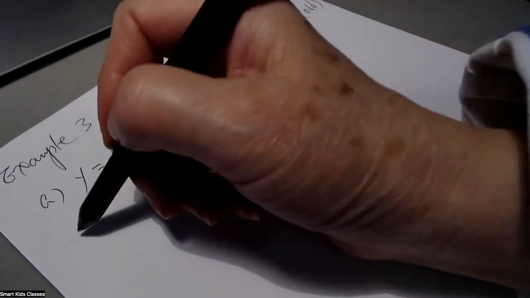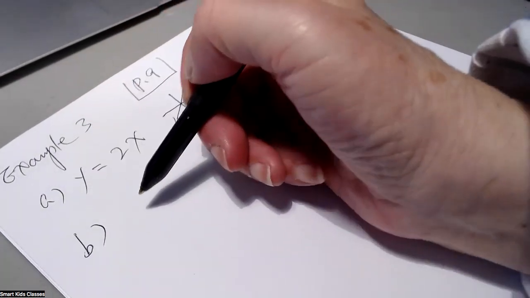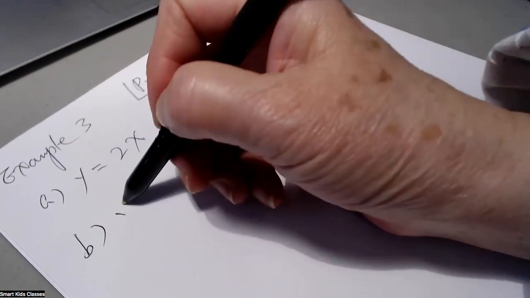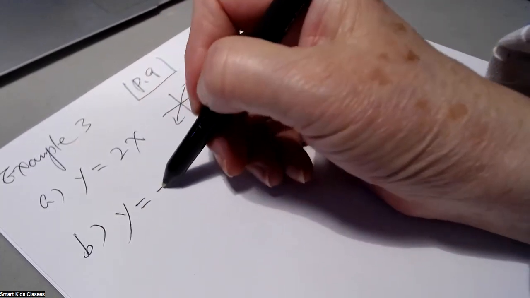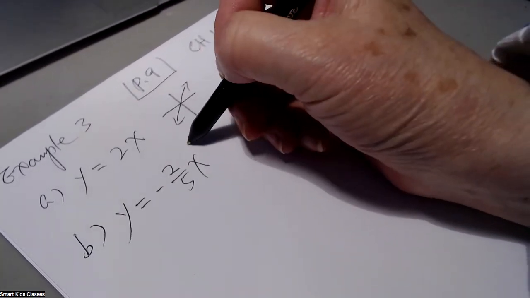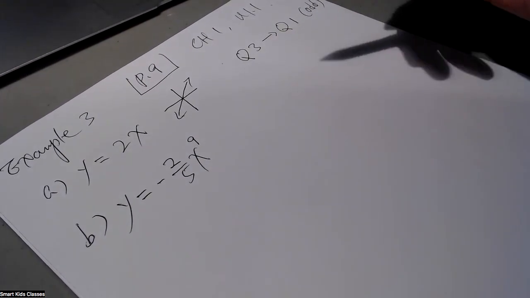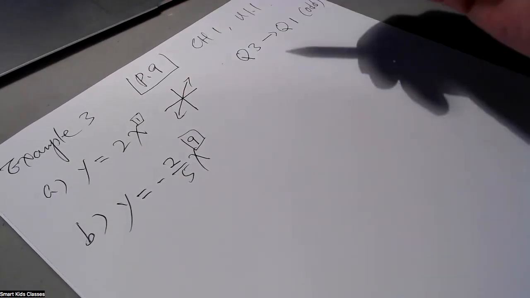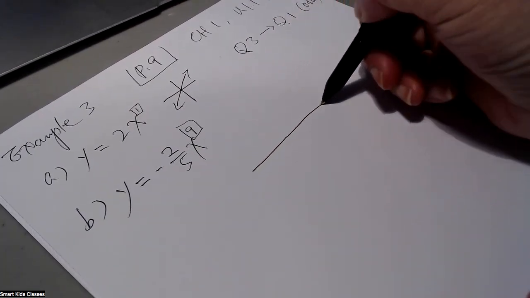Now for B, y equals negative 2 over 5 x exponent 9. It's also an odd degree. So I'm going to plot it here.